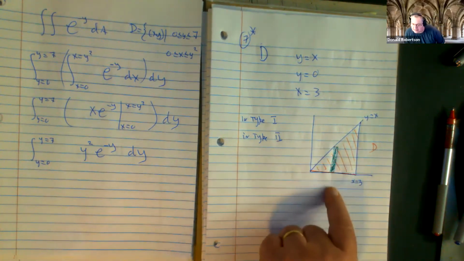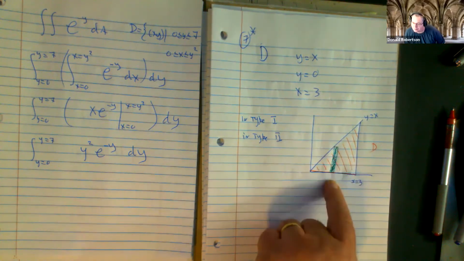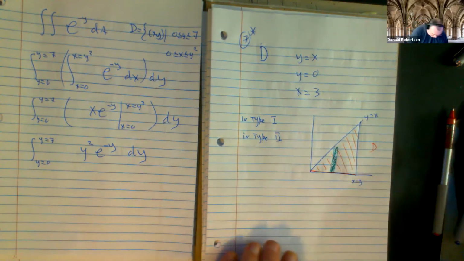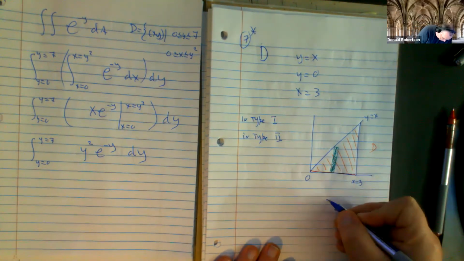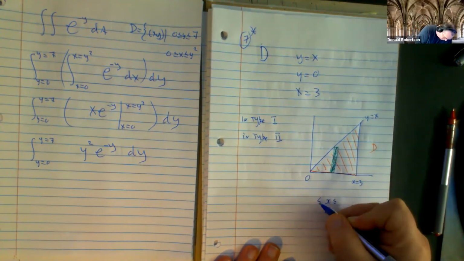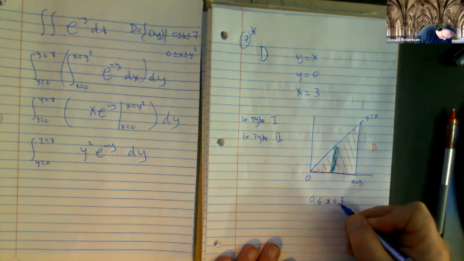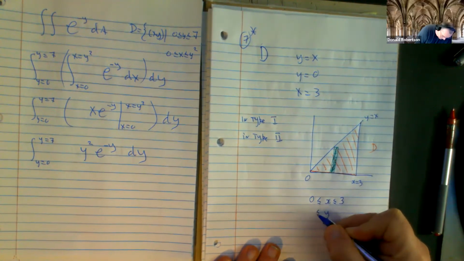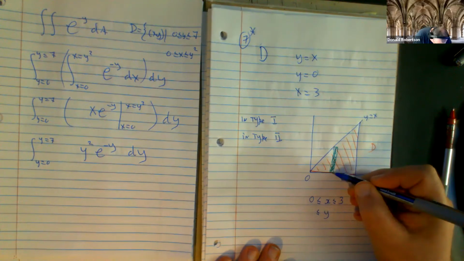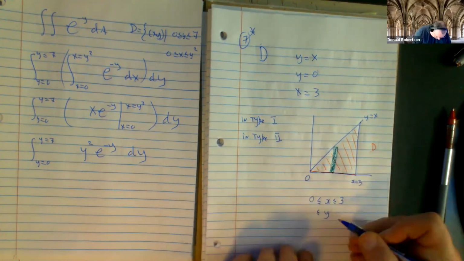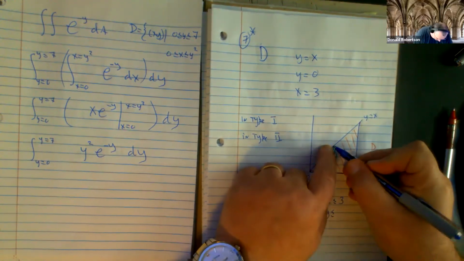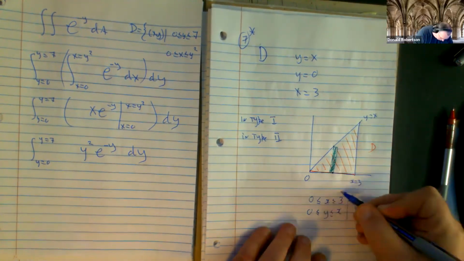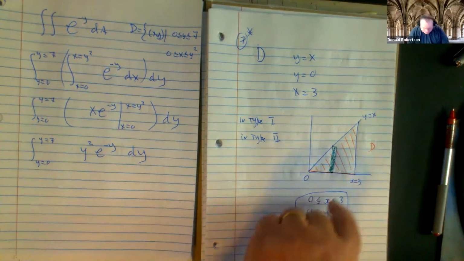The first one is vertical rectangles. Remember from yesterday? Vertical rectangles. Now, if I do this one, can I describe the region D in terms of x goes from 0 to 3 and y goes from the bottom value of y would be 0, and wouldn't the top value of y be x? Are you comfortable that describes this region?